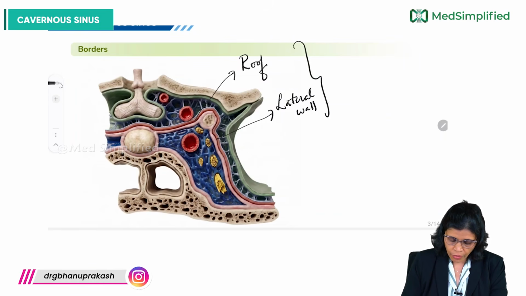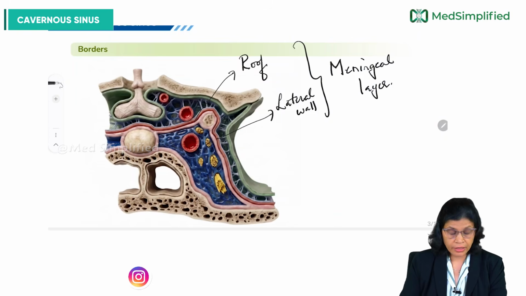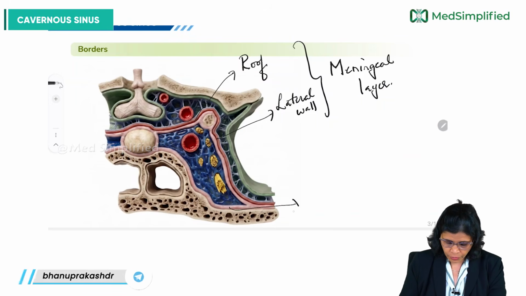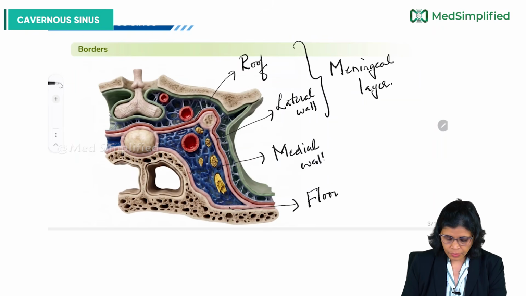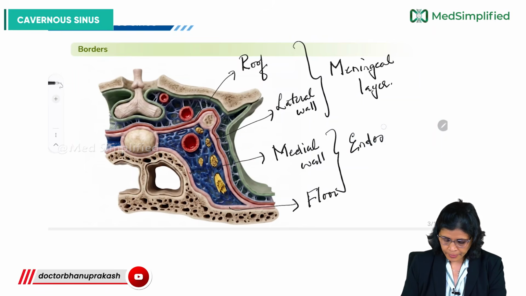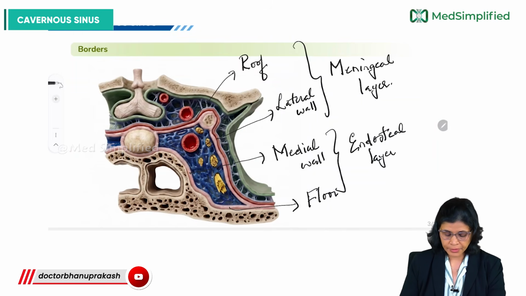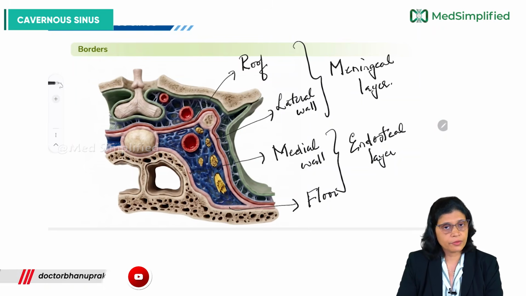These two are formed by the meningeal layer of the dura mater, whereas the floor and the medial wall are both formed by the endosteal layer of dura mater. So that is how the cavernous sinus is formed.